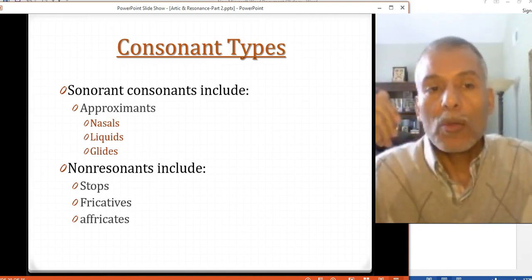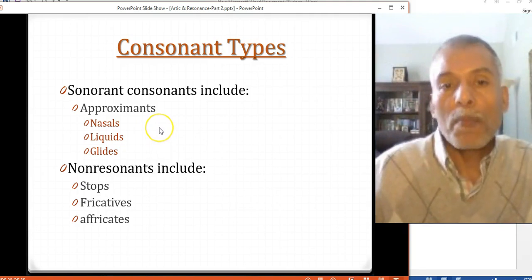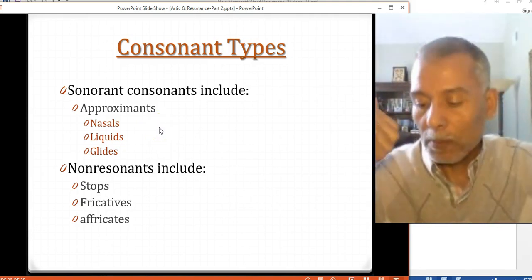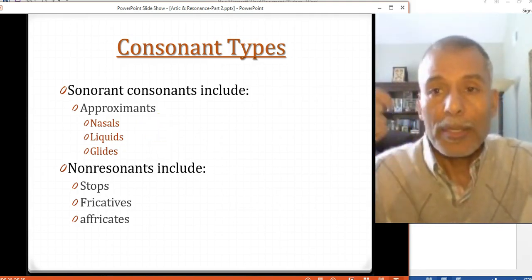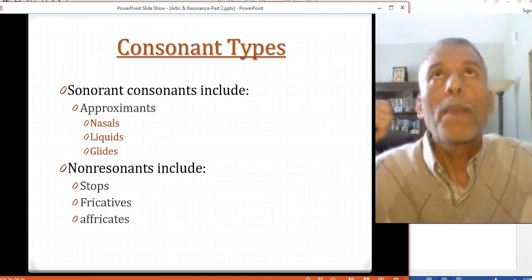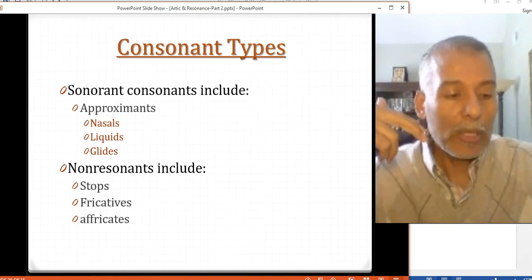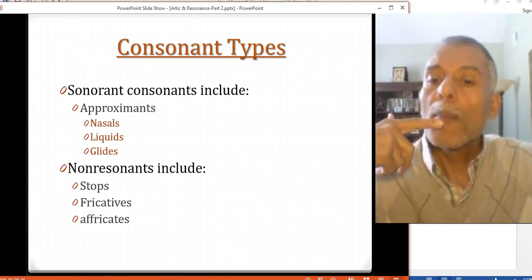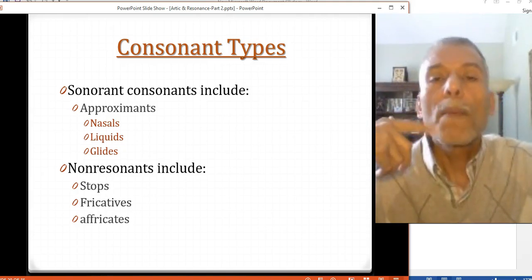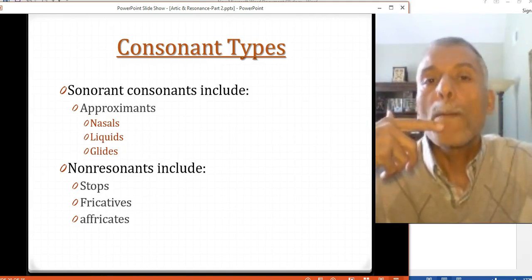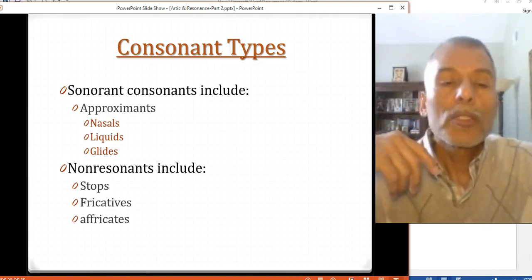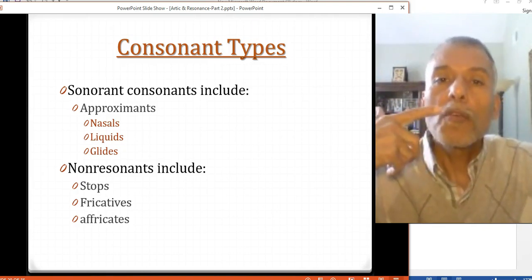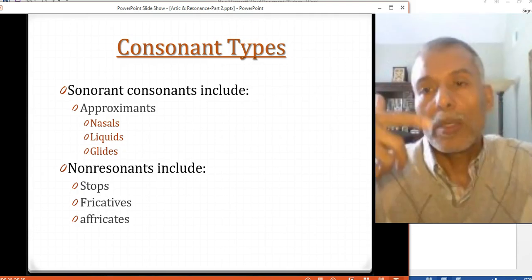So these sounds, for example, m is a voiced nasal, and then the place, we know, bilabial. So we call it a bilabial, voiced, nasal sound.